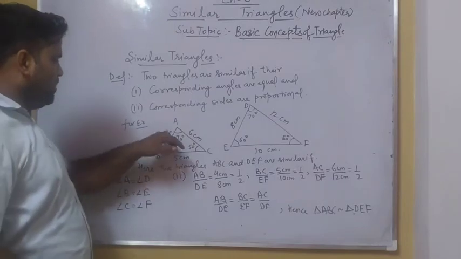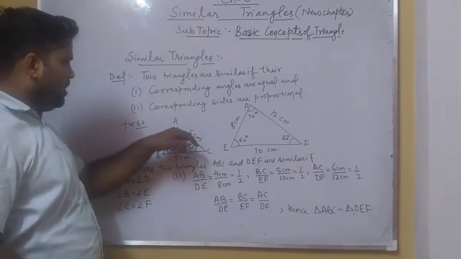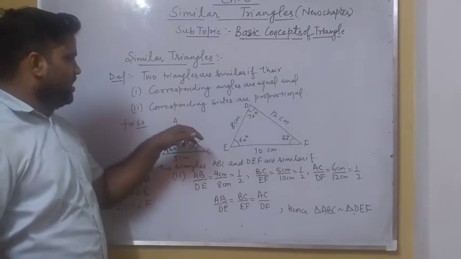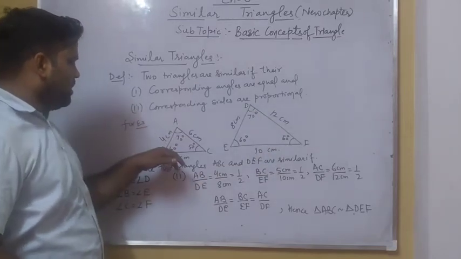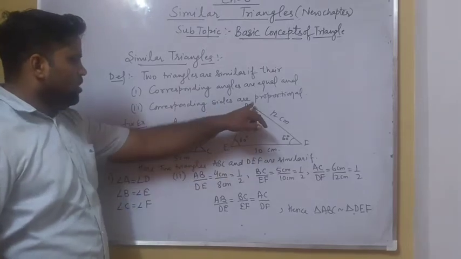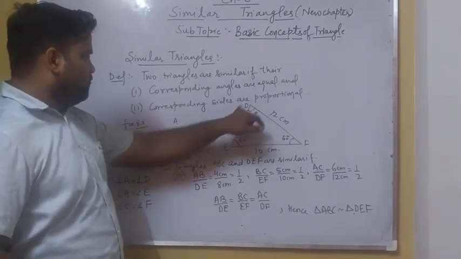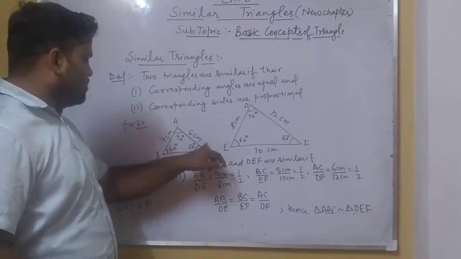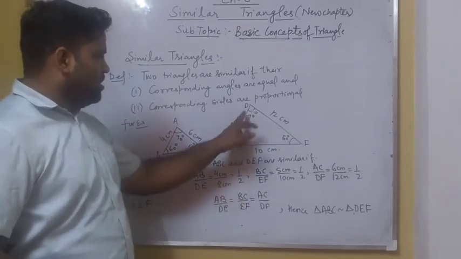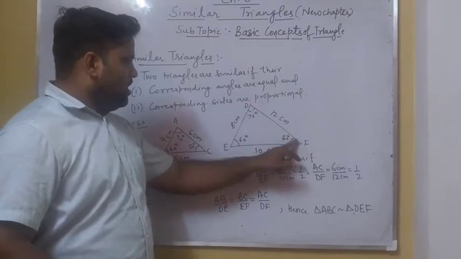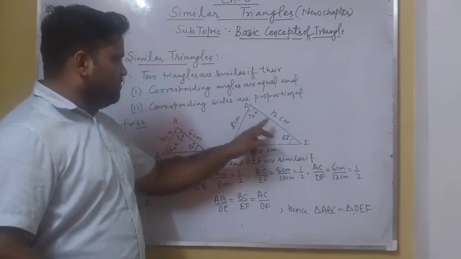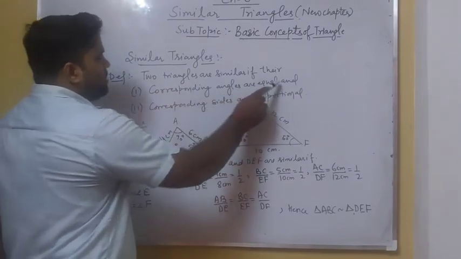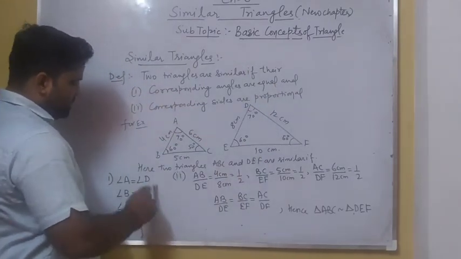When we compare angle A of triangle ABC with angle D of triangle DEF, we can see angle A is equal to angle D. Similarly, angle B of triangle ABC is equal to angle E of triangle DEF. And angle C of triangle ABC is equal to angle F of triangle DEF. So corresponding angles are equal. This property holds.